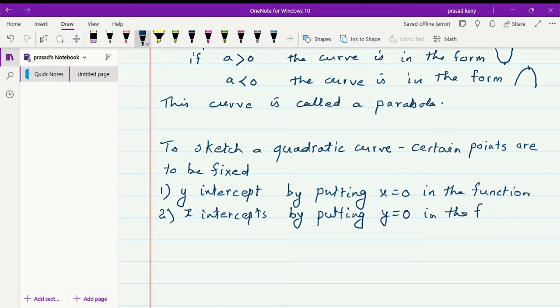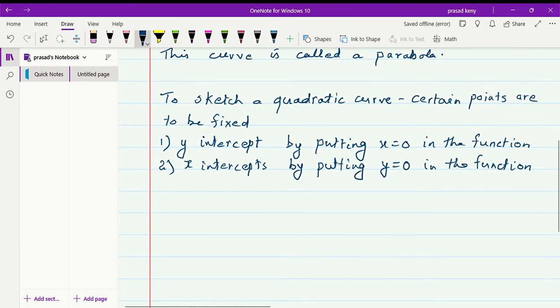But also keep it in mind that many a times the parabola or the quadratic curve may not have an x-intercept. It may not intersect the x-axis at all. Then third is the vertex or the turning point of the curve.